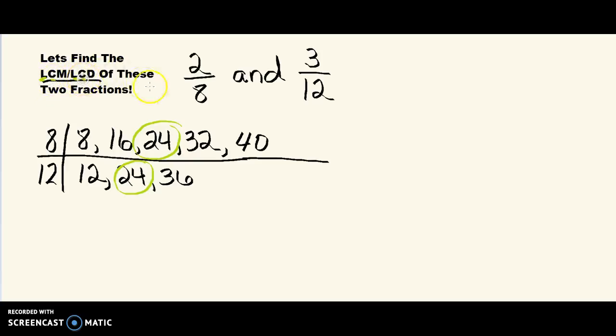Both of them share it. Both of them have 24. This 24 is going to become my new denominator. So my least common multiple or least common denominator is 24.